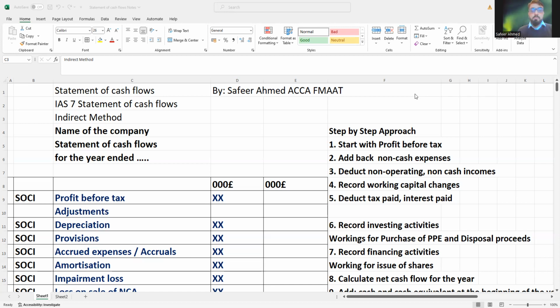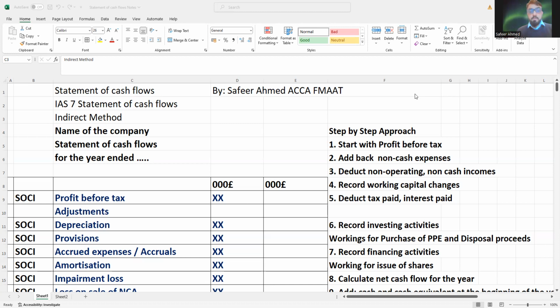It is also relevant for undergraduate accounting and finance degree students if they are studying financial reporting or financial accounting. It is also relevant for the non-accounting students for courses such as MBA, MSc International Business, or MSc Management, because as part of your accounting and finance unit, you normally study this cash flow statement.